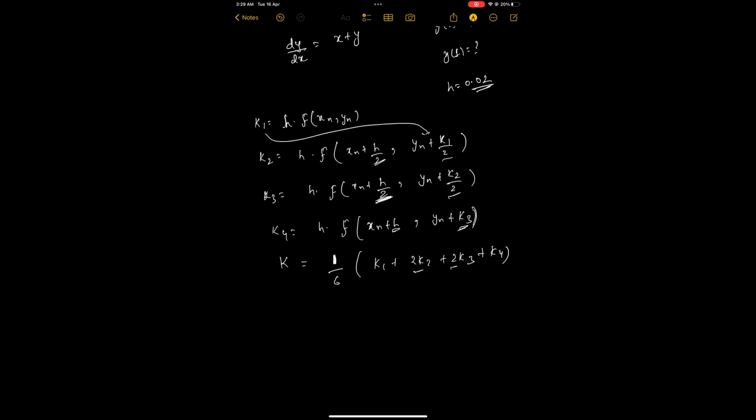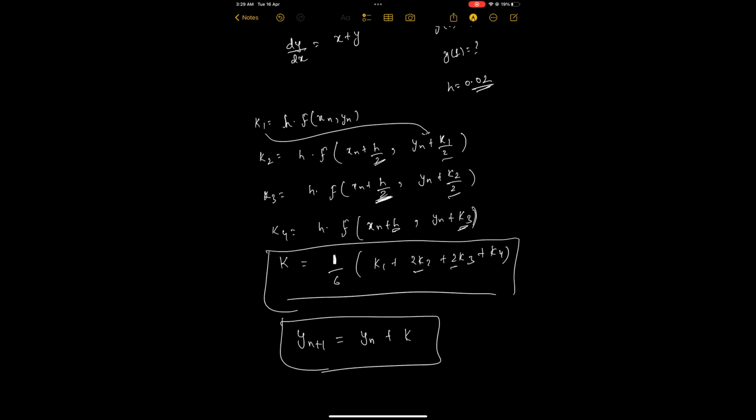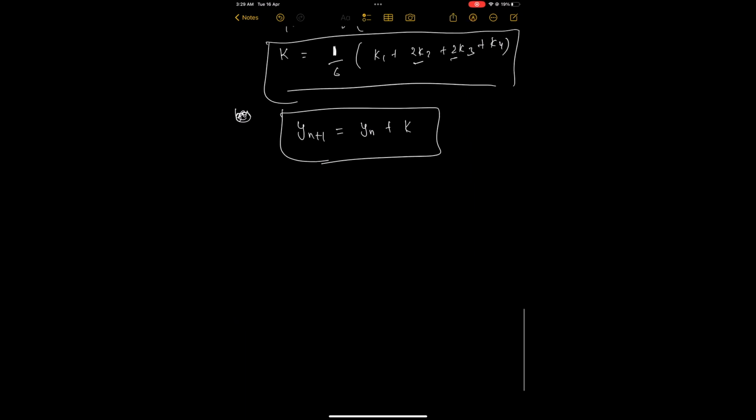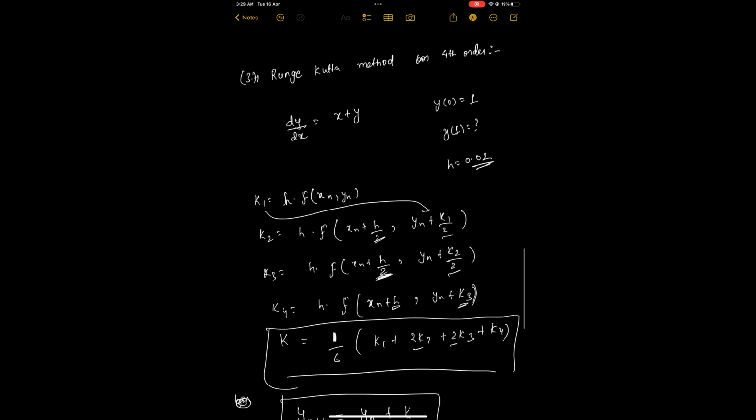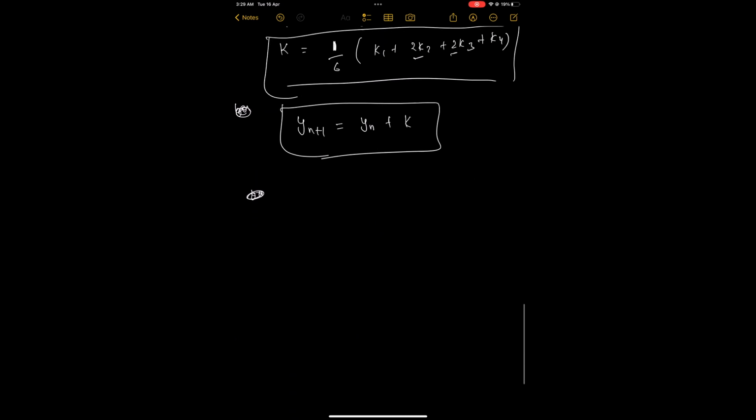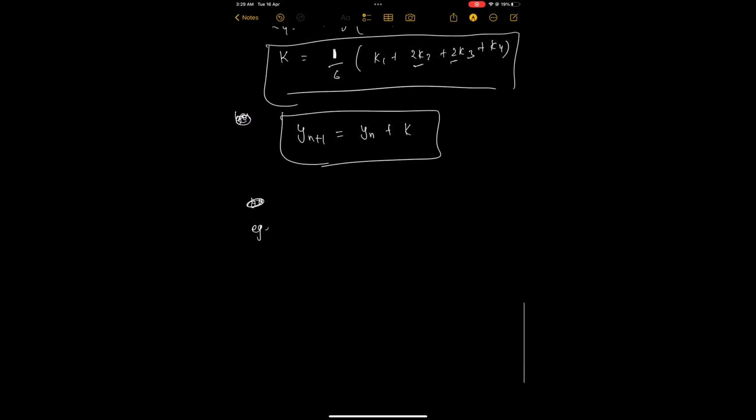Once we calculate k, the recurrence formula is y(n+1) equals yn plus k. In this method, we first put n equals 0. Let's consider this example, dy by dx equals x plus y.